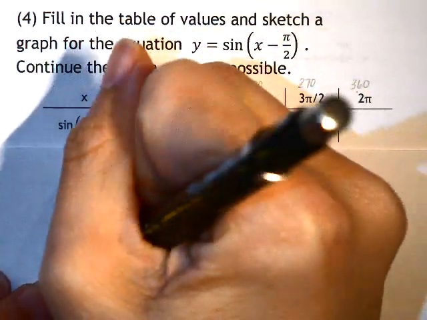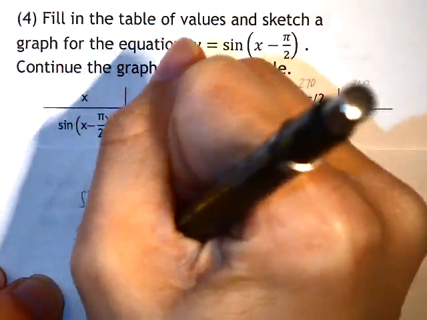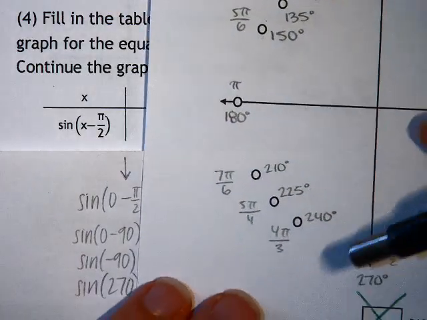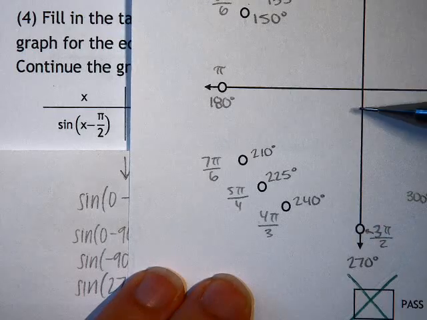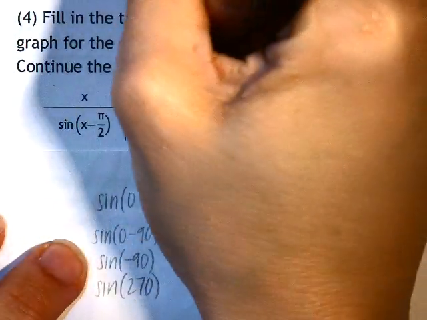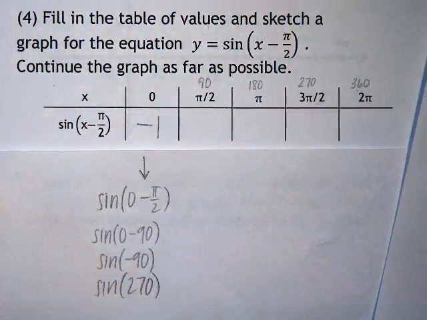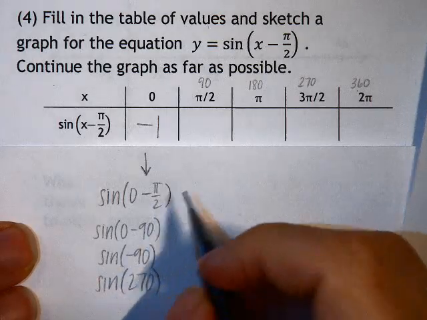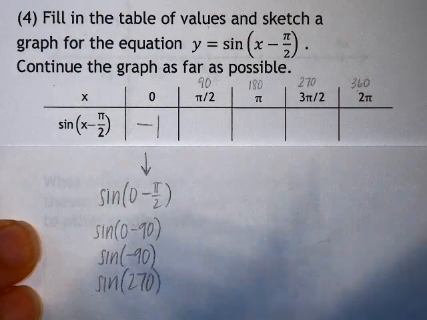That's a coterminal angle I recognize. So I'll call this point 270 instead, and I'll look at my unit circle. At 270, the height, or sine, is negative 1. So I know that this first value is negative 1. Then I'm going to do the same thing for all of the other ones, and hopefully it'll get a little bit easier to work with some of these.